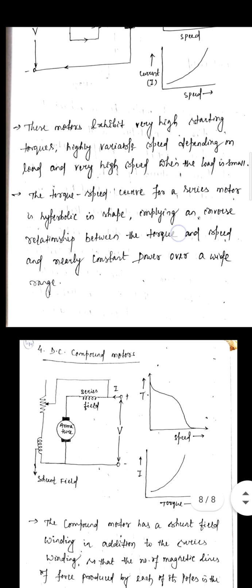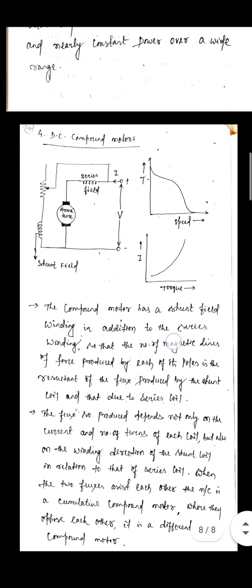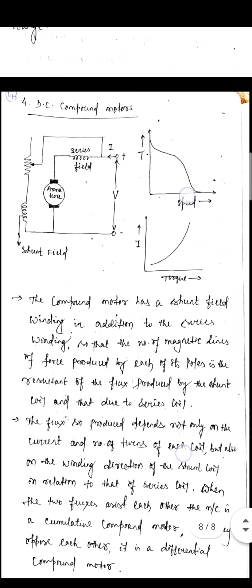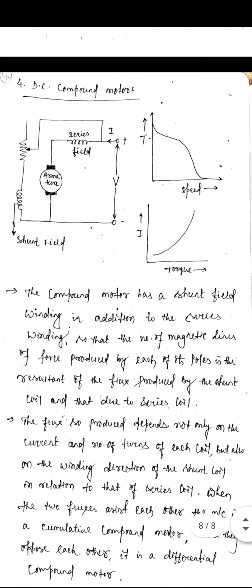Let's move to the final one, the DC compound motor. Look at the diagram carefully. There are two fields, one series field and one shunt field.